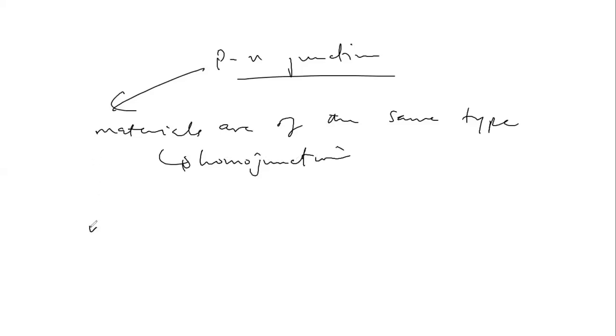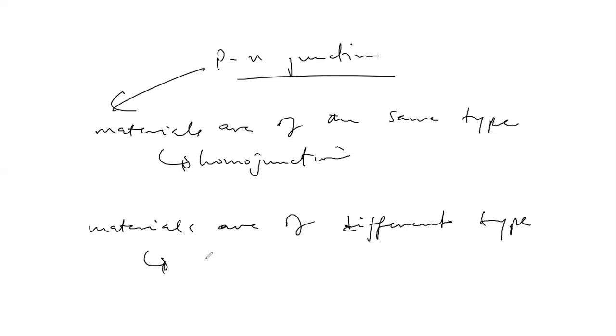And when the materials are of different type, we refer to the junction as a heterojunction.